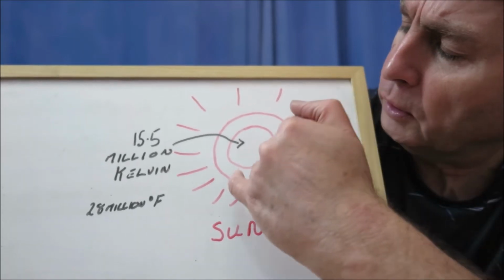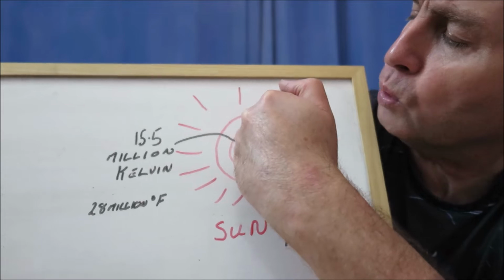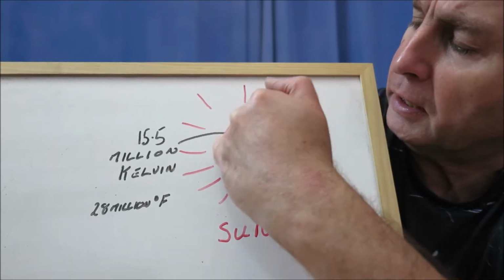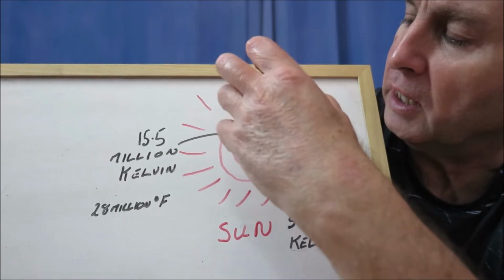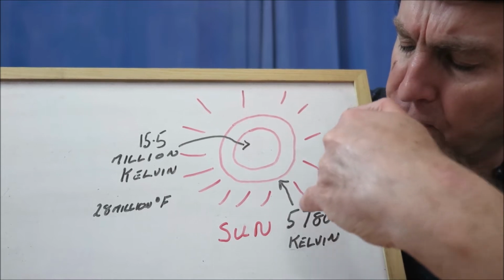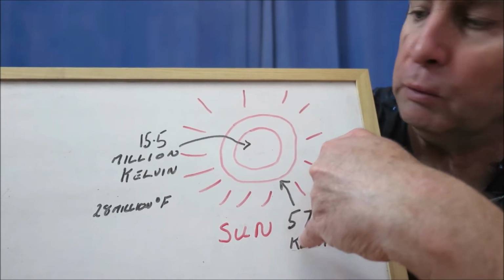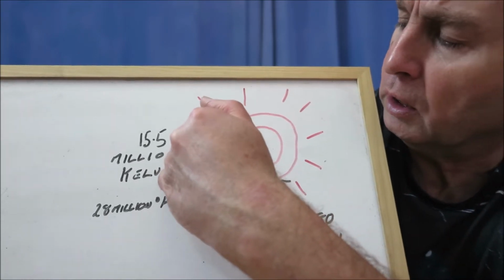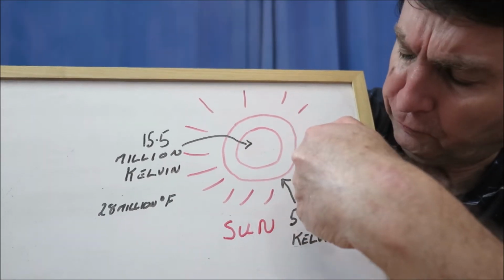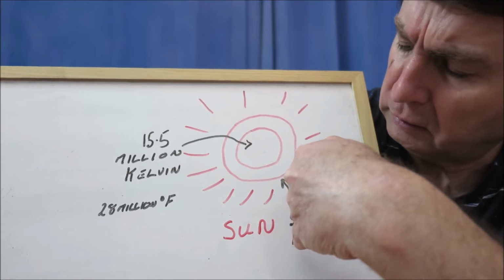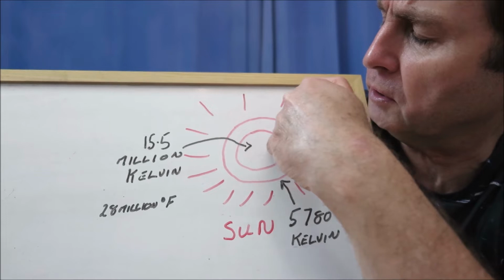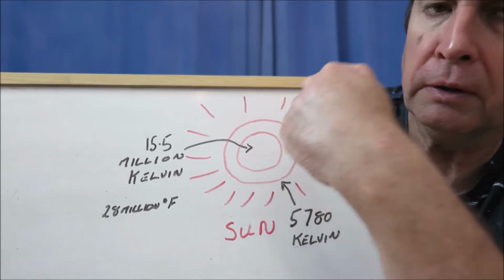But if you look at the outside of the sun, just the upper levels of it, then what you're getting there is 5,780 Kelvin, which is considerably cooler than the core, even though that's still pretty hot.